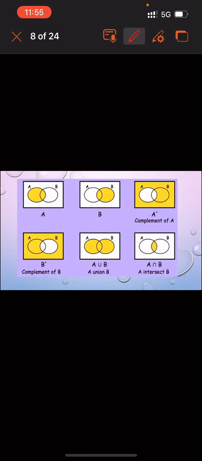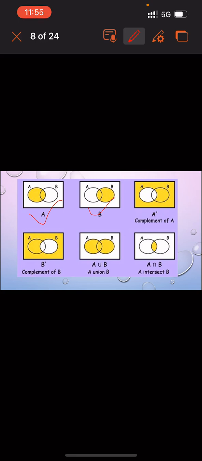See some of the Venn diagrams we have given here. In this first diagram we can represent the shaded yellow part as A only. In the second diagram this yellow part is only B. Here in this diagram, except A, the remaining part is shaded.